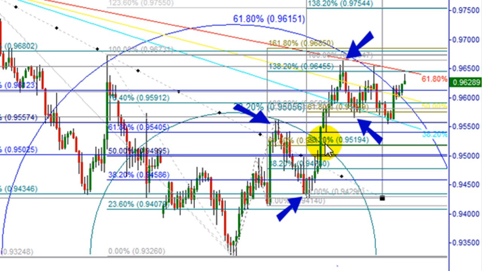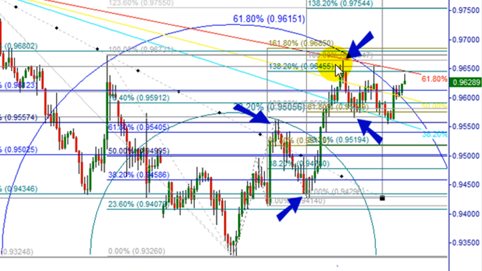Now this gave a continuation move, and we can see it coming into that 61.8% extension level. At that level, notice that you're again seeing a cluster of these Fibonacci levels coming into play. And this is where we're also seeing things such as a Fibonacci fan take place, and furthermore, a Fibonacci arc, which is serving as resistance, where we are seeing that third cluster develop that is at that absolute high.